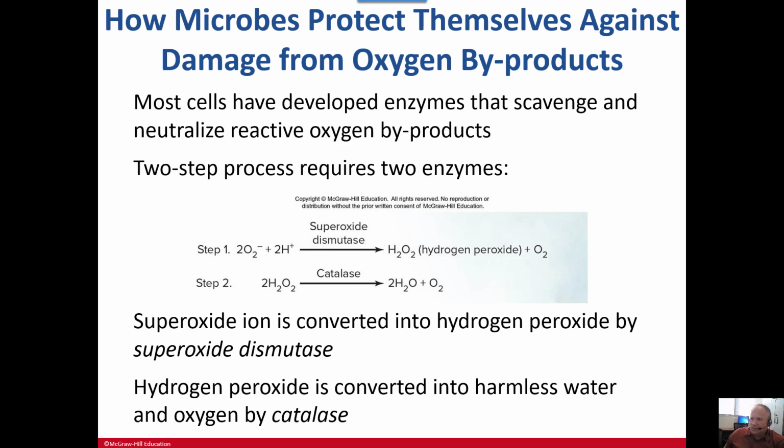Most cells, of course, have enzymes that deal with these oxygen radicals, superoxide dismutase in particular, and catalase, which we've seen in the laboratory. Superoxide ion is converted into hydrogen peroxide by superoxide dismutase, and then that's converted further into harmless water by the enzyme catalase, as you can see here.